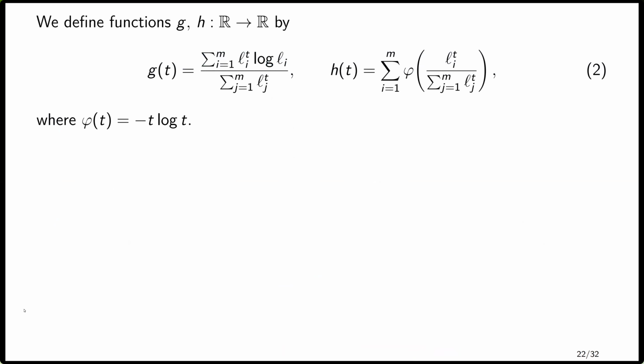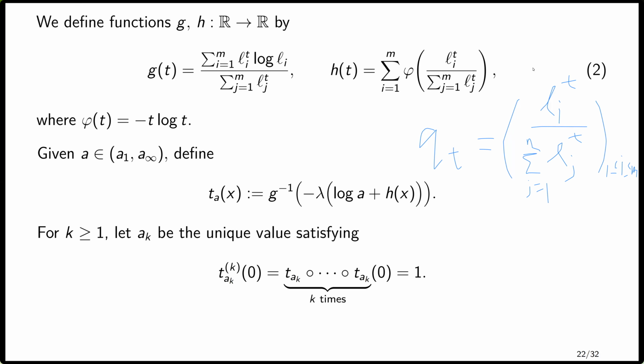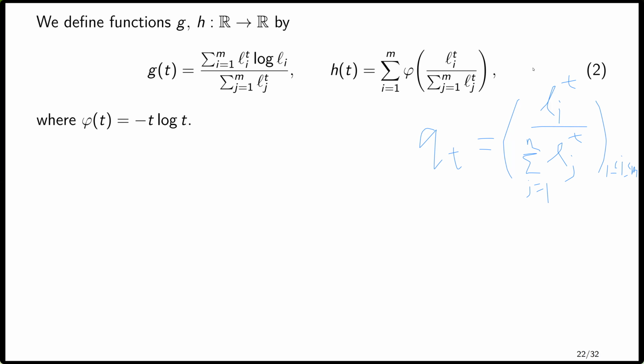Let's define G t as the weighted average of log L i. If we denote Q t as a probability vector, with entries L i to the power t over the sum of L j to the power t, with j from 1 to m, since we have m columns, and i from 1 to m, then this is a probability vector. And then we consider the weighted average of log L i.